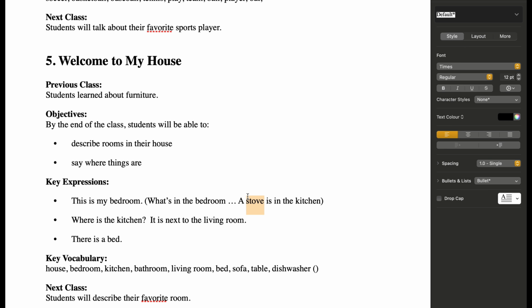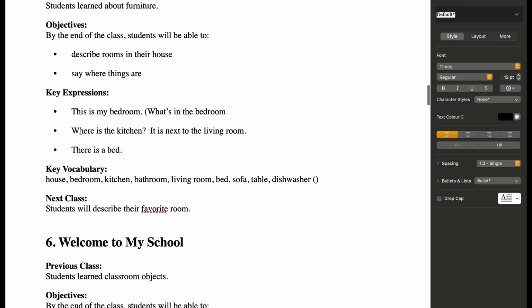A bed is in the bedroom. I hope you guys get it. Question, answer, question, answer. Right. And then if you feel like it, you add. Where is the kitchen? It's next to the living room. Oh, so in your house, where is the bathroom? It's next to the kitchen. Right. And then they're going to describe their favorite room if they have to.